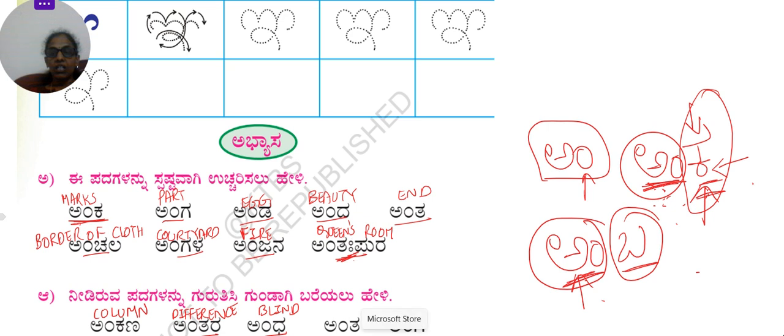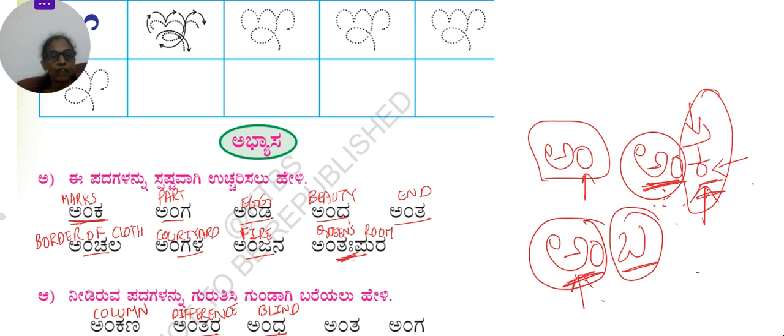Okay, there are more words here where you have to practice writing them. So this is Ankana. Ankana means column. Then Antara. Antara means difference. Andha. This is the big dha.